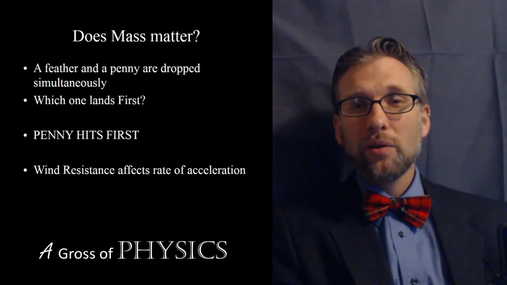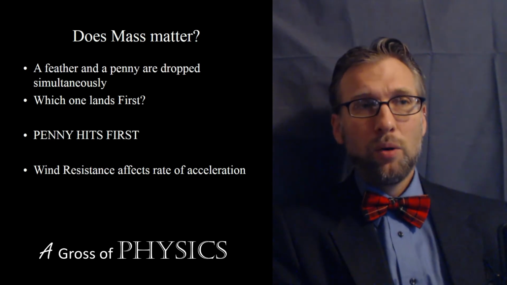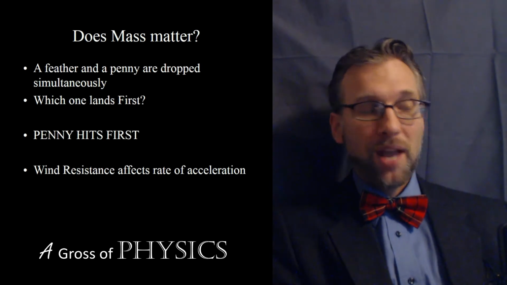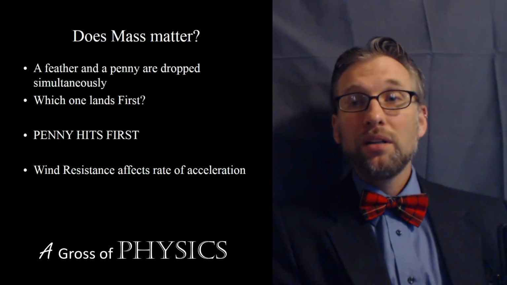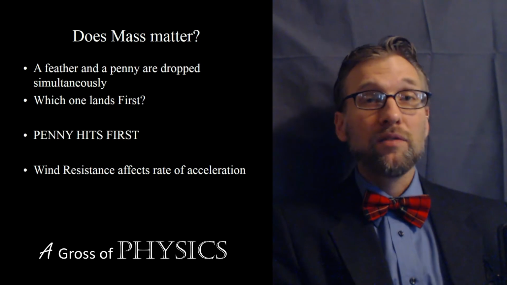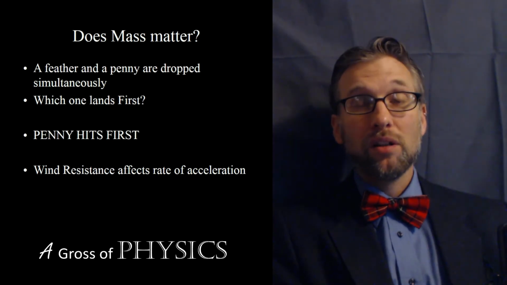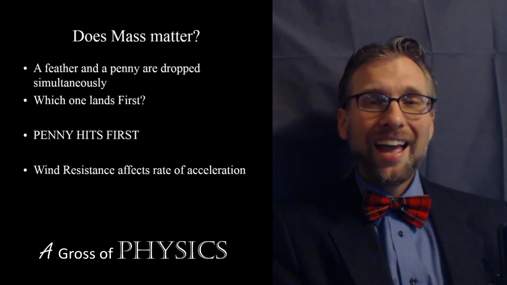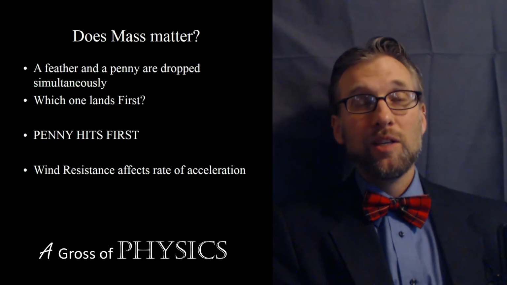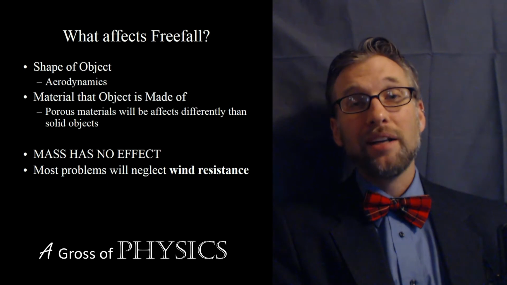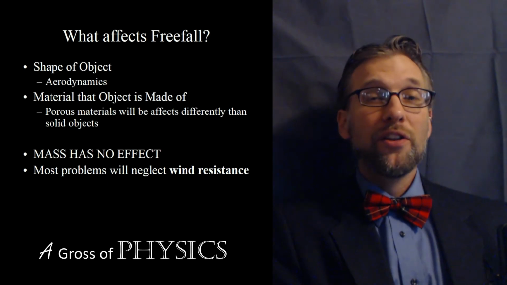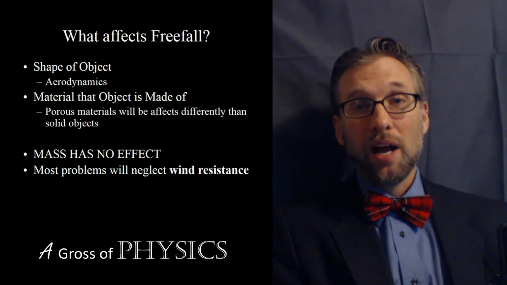Now, although the acceleration of gravity is the same for each, why would the piece of paper or feather drop differently than the marker versus the pen or the marble versus the lacrosse ball? The reason is that there are other forces acting on the piece of paper that are not acting on the other objects.